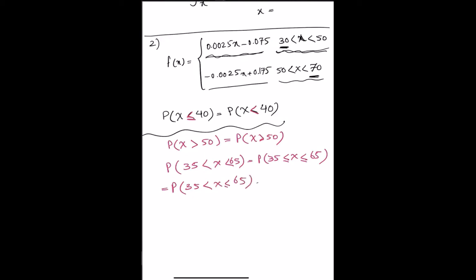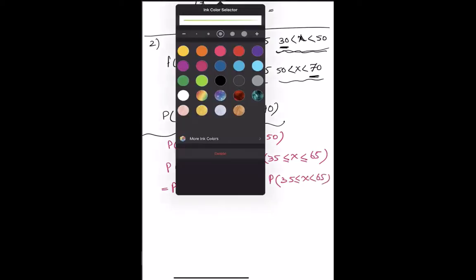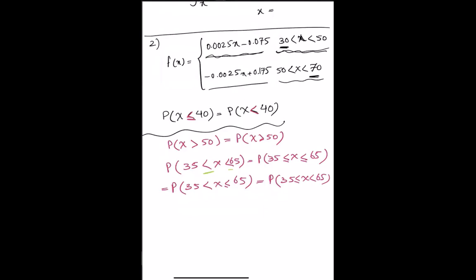No matter if I write it as less than or less than or equal, all of these are the same. And this is the case only and only for continuous random variables.